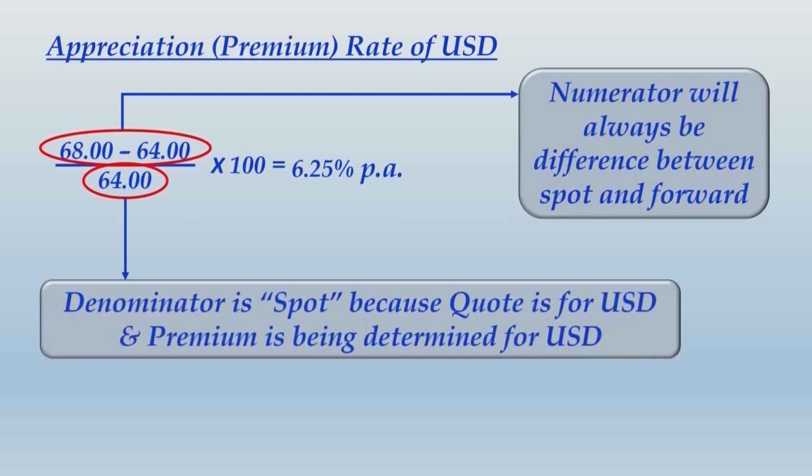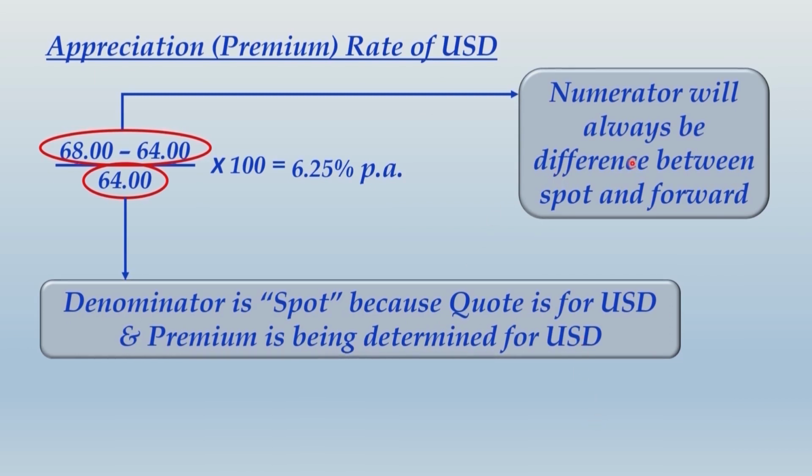So why spot? You understand one thing, you are trying to compute the premium rate of USD, and look into one thing, the quote is also of USD. The quote is of USD and you are calculating premium rate also for USD. Therefore, denominator will be taken always as a spot because quote is for USD and premium is being determined for USD.